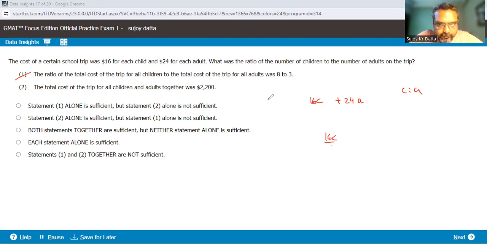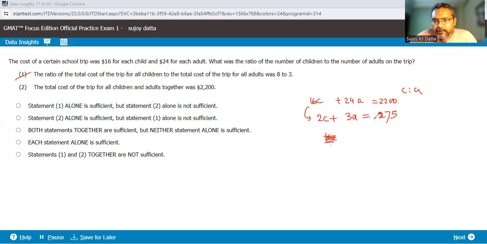The total cost of the trip together was 2200. How many children and how many adults is not given. Let's just try to see whether we have integer solutions. 4 will cancel. 8 will cancel. 2C, 3A. 8, 8, 2 is 16. 275.